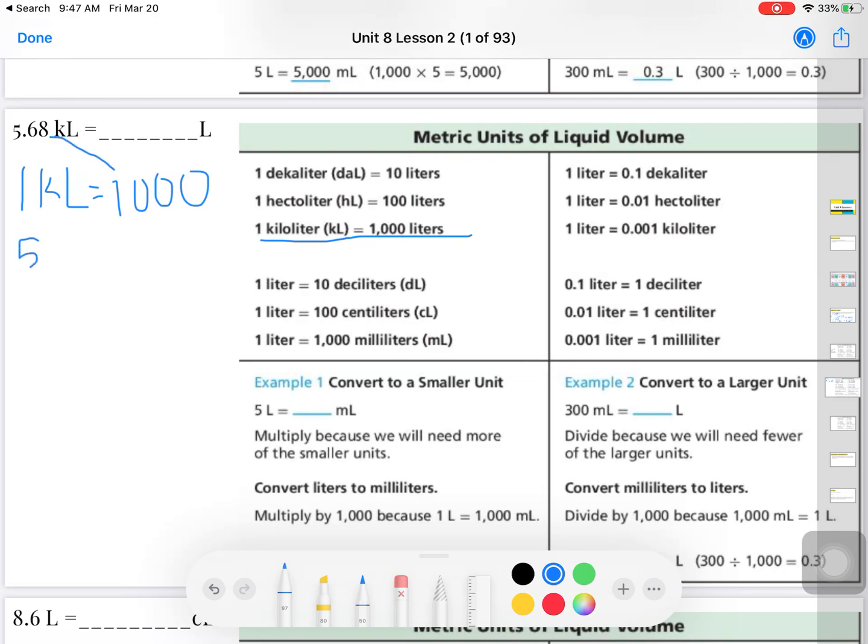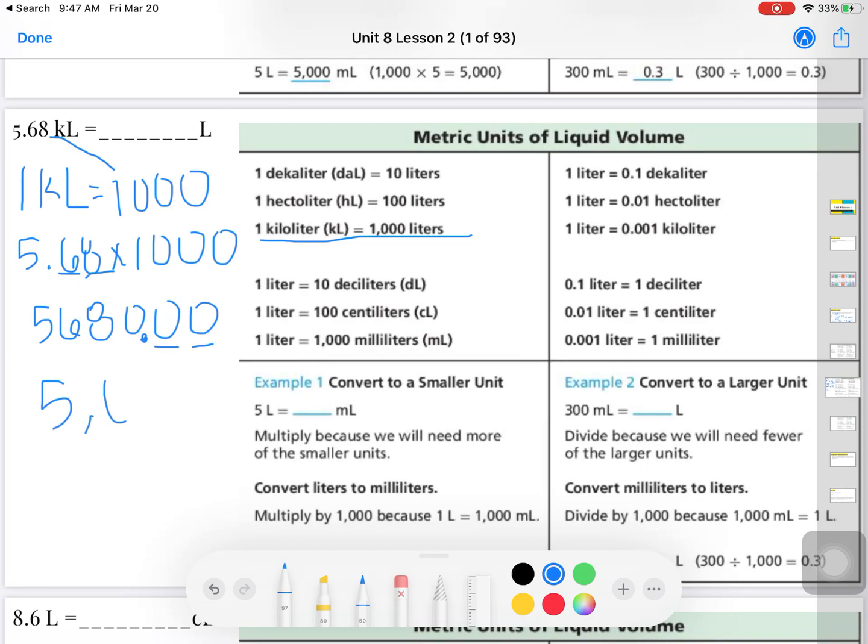So I'm going to multiply 5 68/100 times 1,000. Now I do my zero rule, and I have 568 with 3 zeros. But then I also have to pull in that decimal rule. So I go 1, 2. So my answer is 5,680.